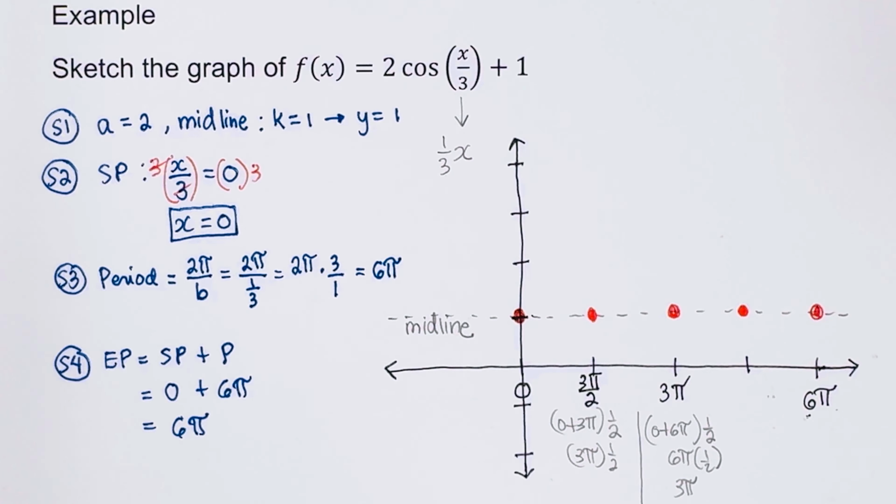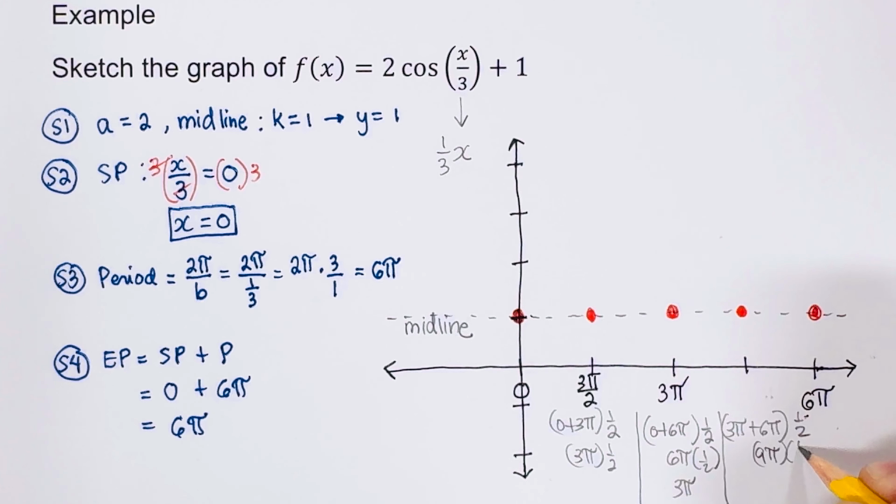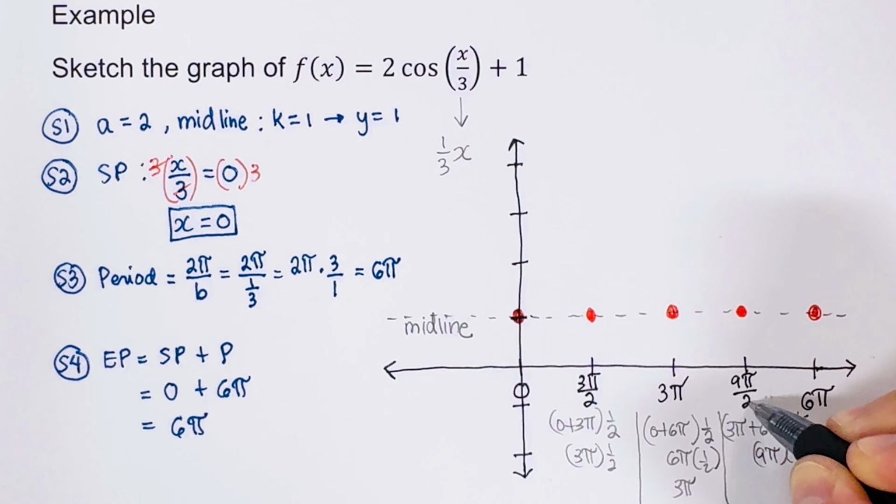And then we find the middle between 3 pi and 6 pi. We do the same thing: adding 3 pi plus 6 pi and multiplying by 1/2. 3 pi plus 6 pi is 9 pi, times 1/2, so that is 9 pi over 2. So we're going to write 9 pi over 2 right there.